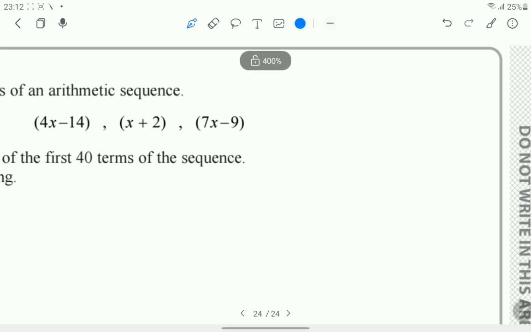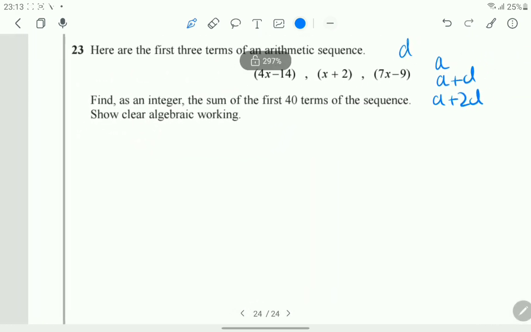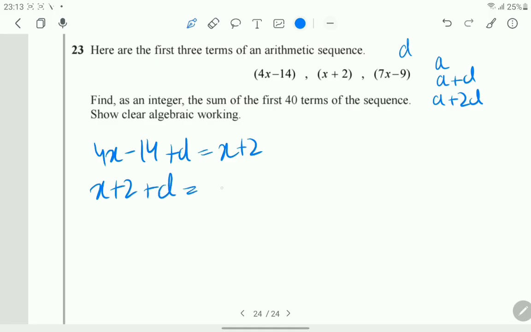Now, in an arithmetic sequence, a common amount d is being added to every term. a is the first term, so the second term would be a plus d, and the third term would be a plus 2d. So if we use that logic and we have our a as 4x minus 14, and if we add d to it, we would get x plus 2. And if we have our third term x plus 2 and we add d again, we should be getting 7x minus 9.